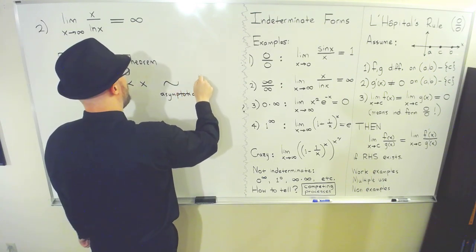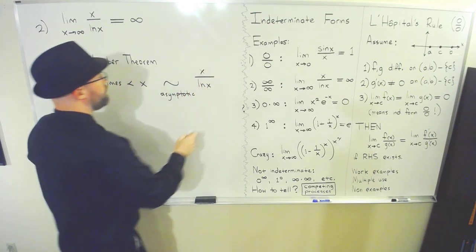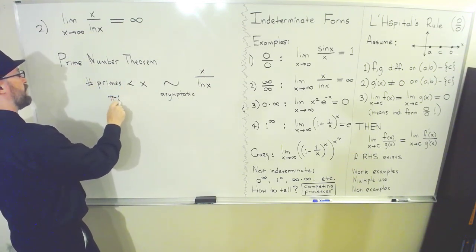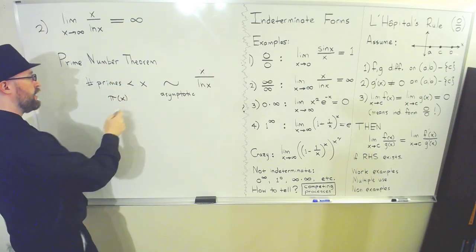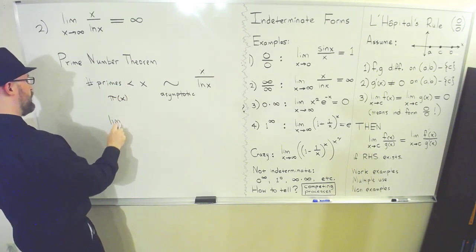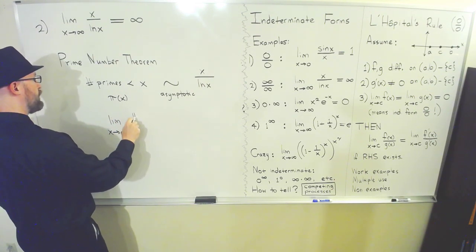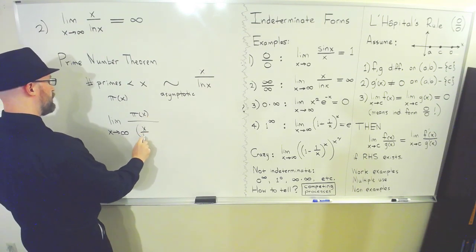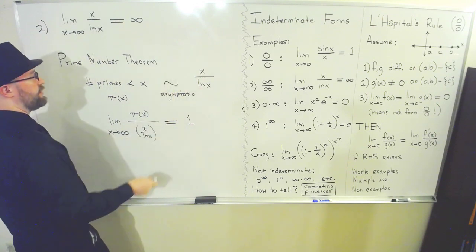This is often written as pi of x, where this pi doesn't mean 3.14, it's called the prime counting function. And so what this really means is that the limit as x goes to infinity of the prime counting function divided by x over ln x equals 1. That's what the asymptotic thing means.